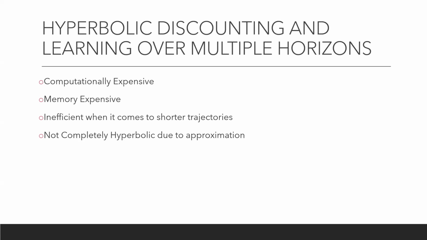And it's not completely hyperbolic due to the approximation, because visiting every state with the agent and computing the hyperbolic value of each state would be brute force, which is not an efficient way to do it.